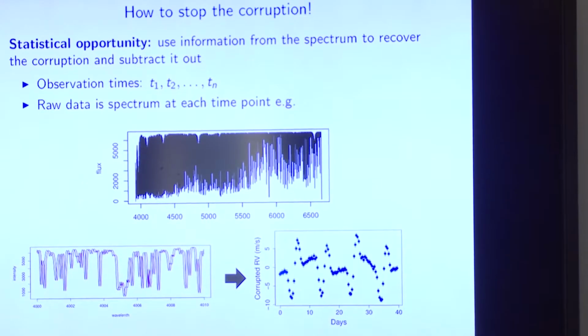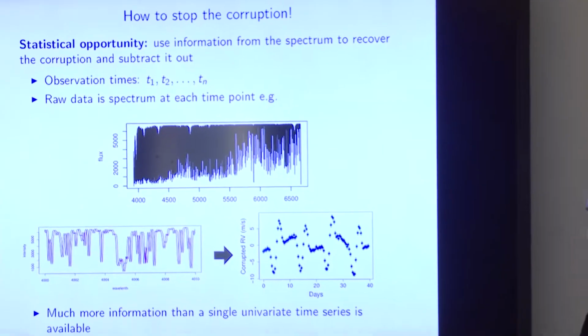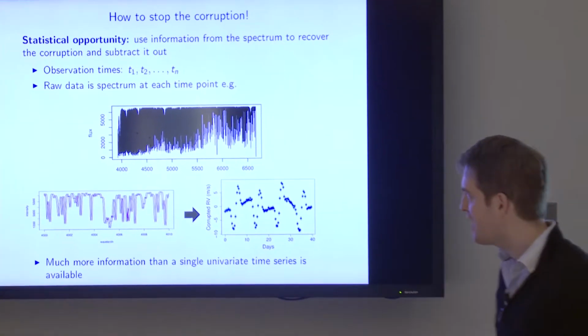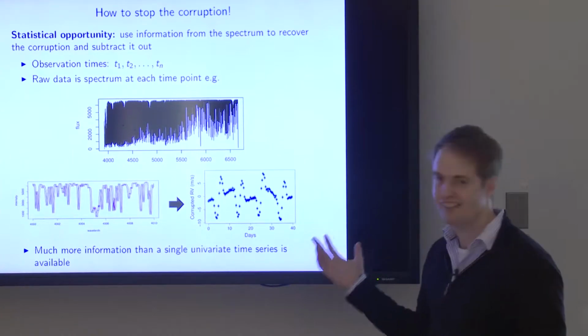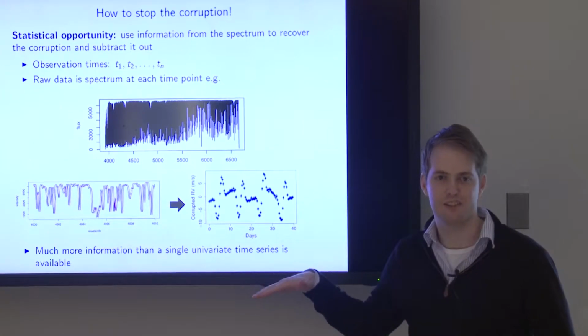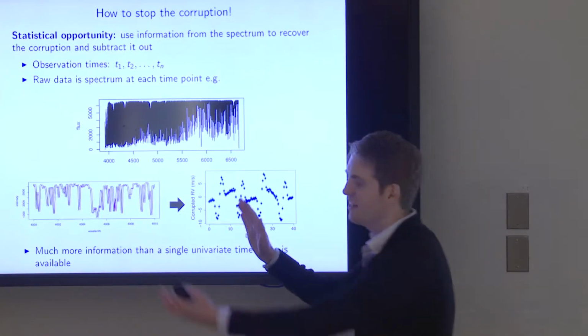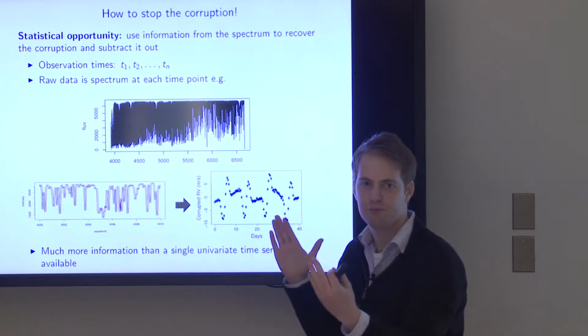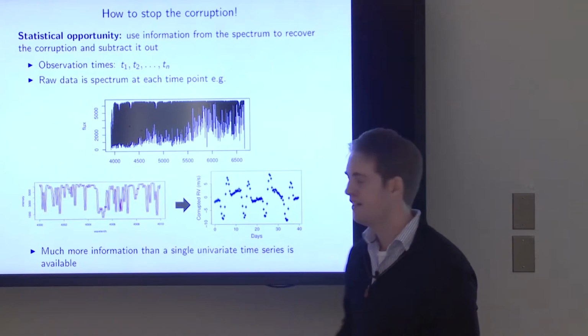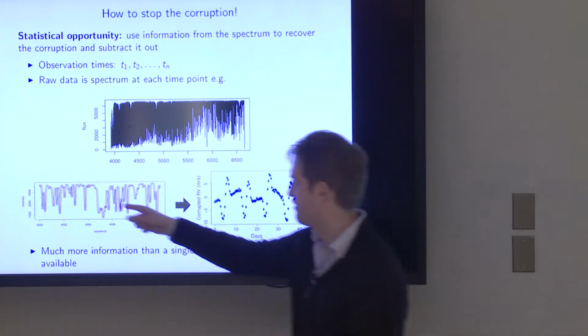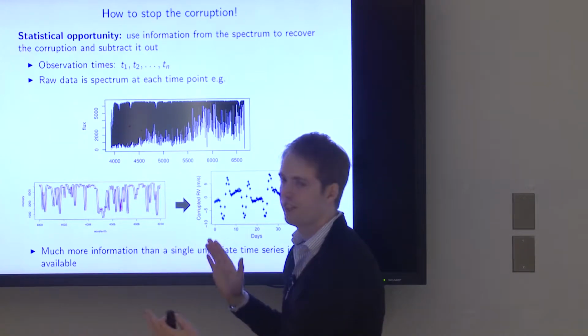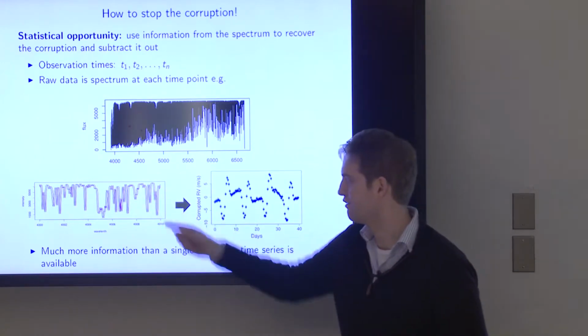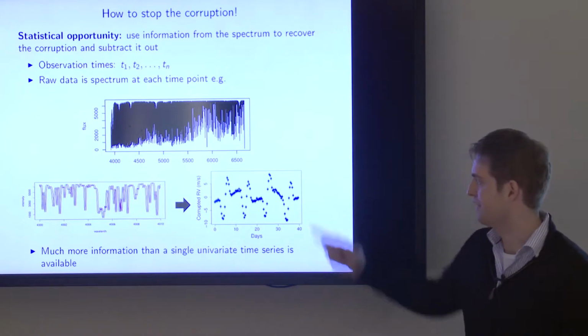You can think of it as high-dimensional data. All the radial velocity does, when we get that radial velocity time series, is that the entire spectrum moves. From time 1 to time 2, the spectrum moves if there's a planet. It just shifts from left to right, and that's what this bottom one is illustrating. And then we get this time series.